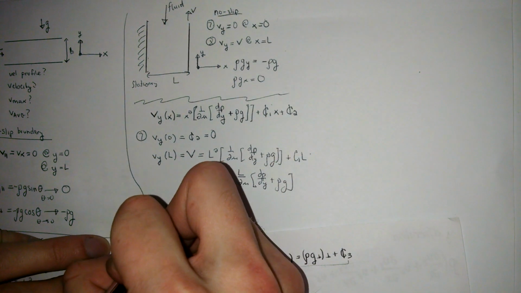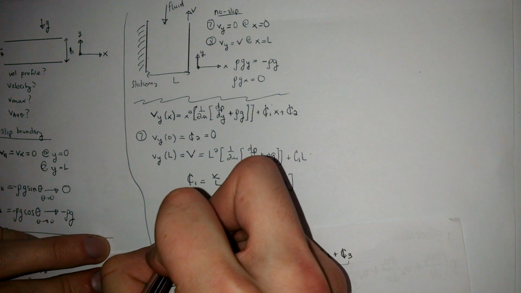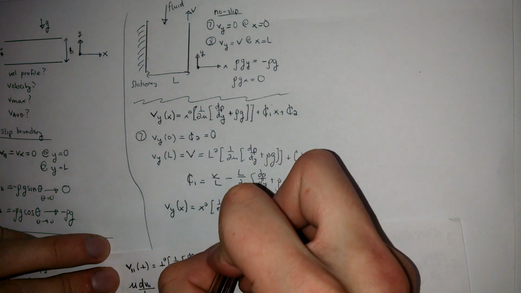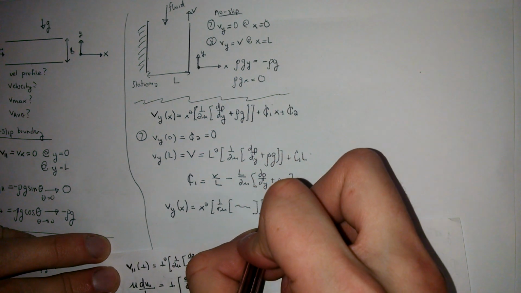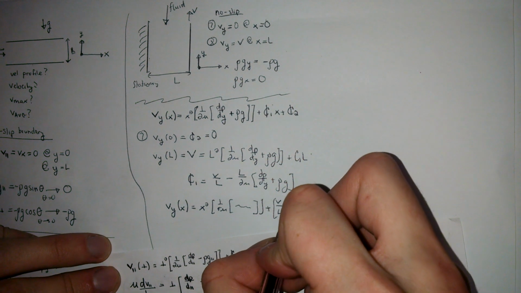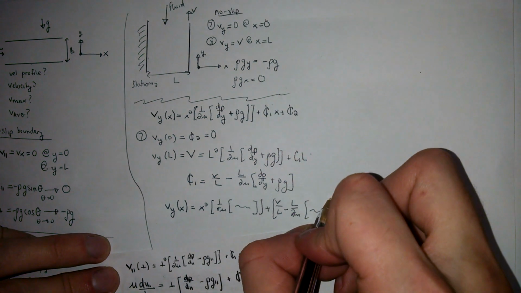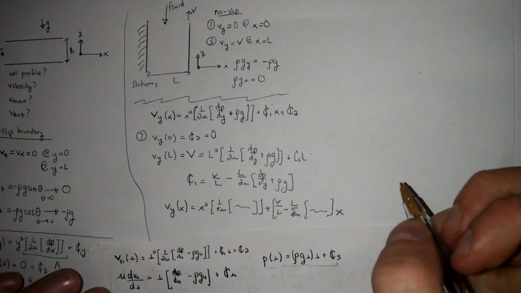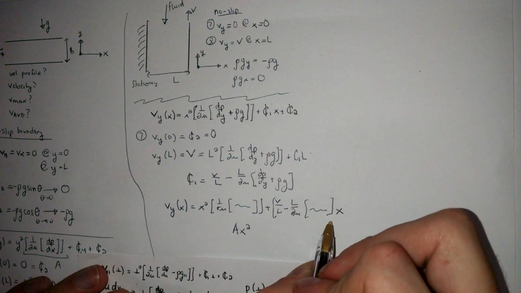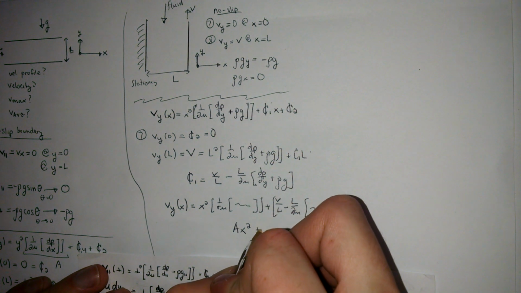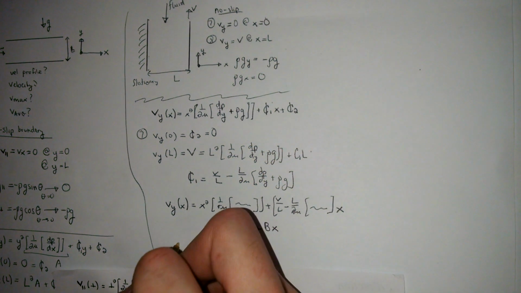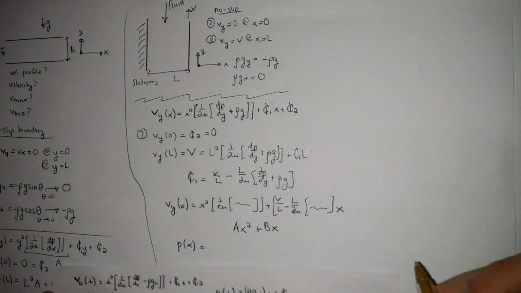So your final velocity is going to be x squared times 1 over 2 mu, that term in there, plus V over L minus L over 2 mu, again that term in there, times x. What you really care about is this is the form of ax squared plus bx. Okay?